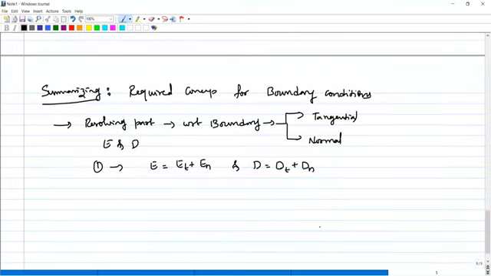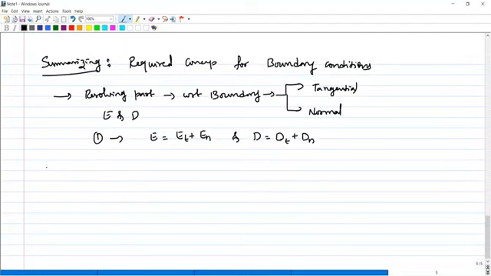Second, we have gone with the analysis part of D and E in order to have the required conditions for D and E. We will make use of two equations. The first equation for E is the closed line integral of E dot dl equal to 0.